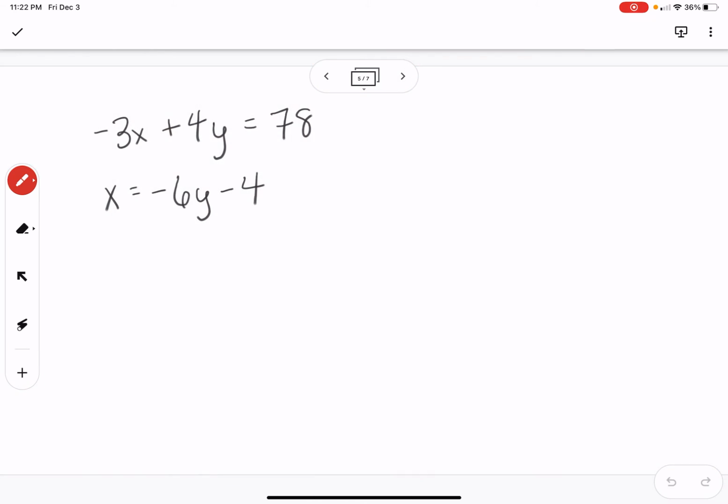Okay, so on this next one, same situation, but notice here, x is by itself. It's not equal to a whole number. It's equal to an expression. I'm going to do the exact same thing. So I've got negative 3x plus 4y equals 78.